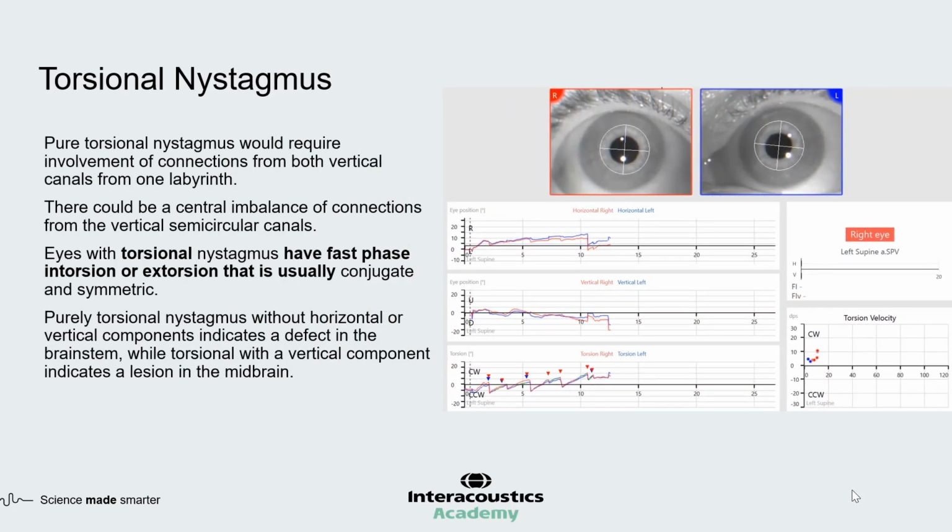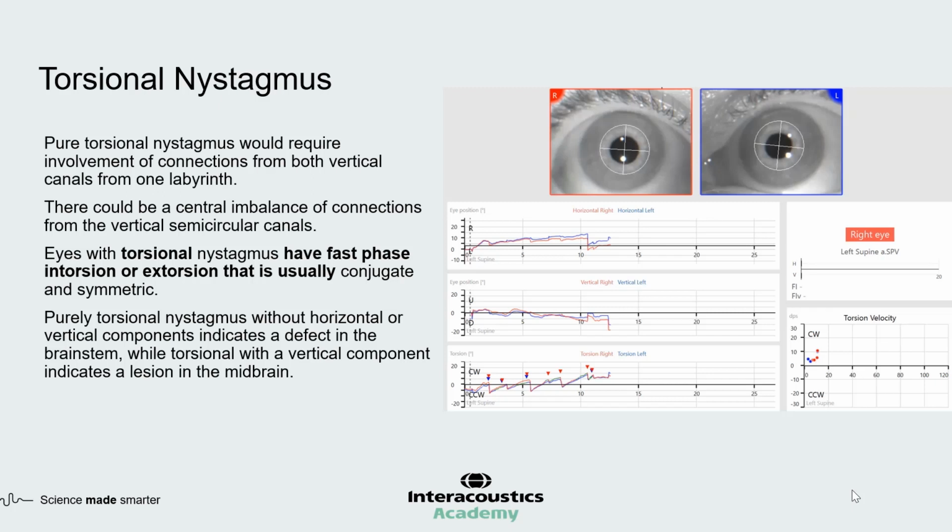So a pure torsional nystagmus would require involvement of the connections from both vertical canals from one labyrinth. This is a very rare finding, so we don't see this very often in the clinic. It usually has to do with some kind of central imbalance between the connections of the vertical semicircular canals. We can see some fast phase intorsion or extorsion. It's usually conjugate and symmetric.